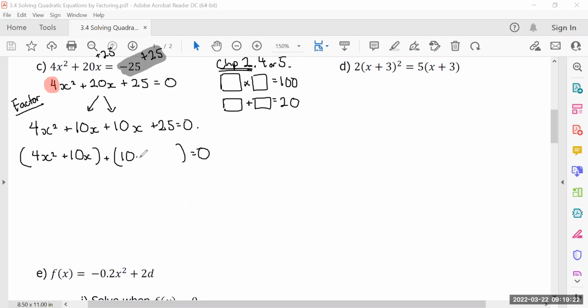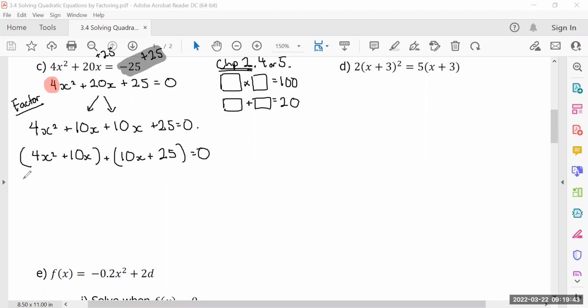And we will common factor the two terms and common factor the other two terms. So 4 and 10, I think I could divide out a 2.